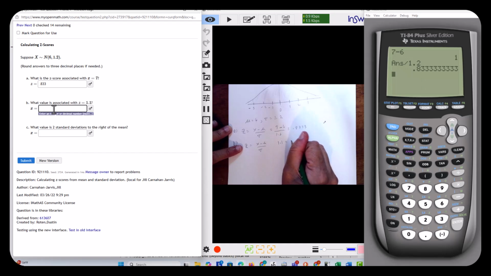I don't know what x is, I know what mu is, and I know what sigma is. This is what's called a proportion in algebra, so we're going to just cross multiply. I'll rewrite this as 1.1 times 1.2 is going to be equal to x minus 6 times 1.